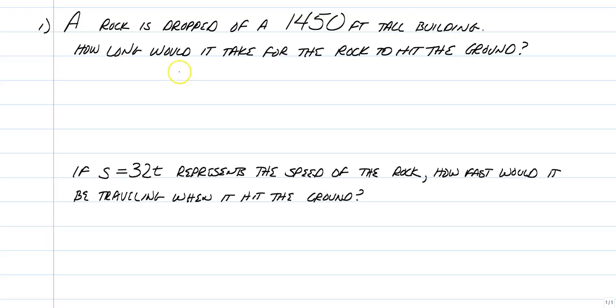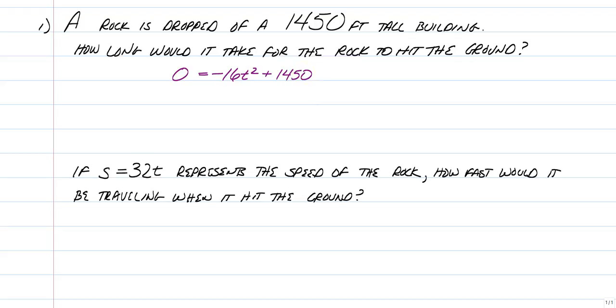So our final height is 0. That's equal to, now we have our drop formula, which means we have no initial velocity. So that would be negative 16t squared. Since we have no initial velocity, we don't have the need for that, plus our initial height of 1450.